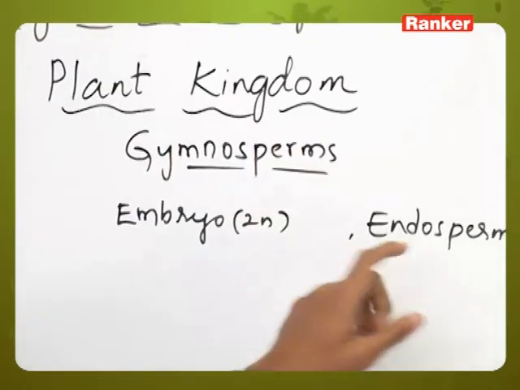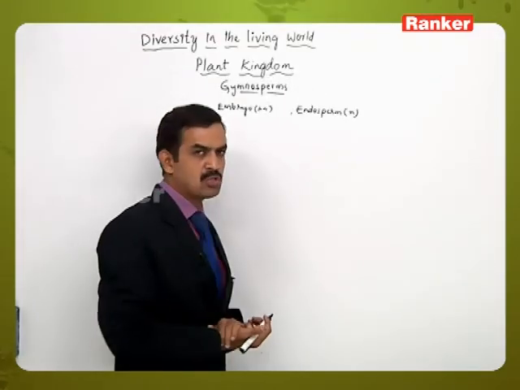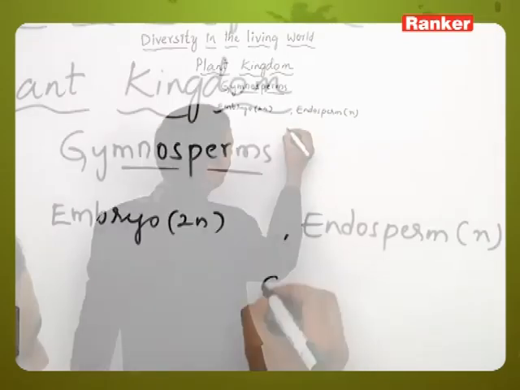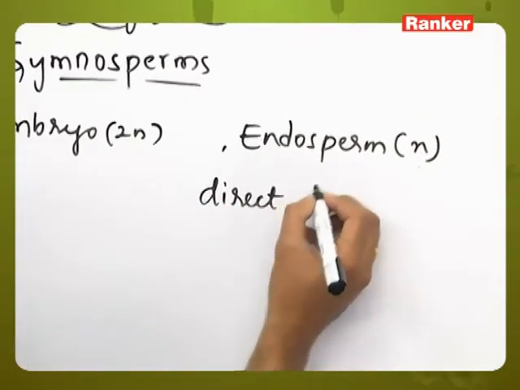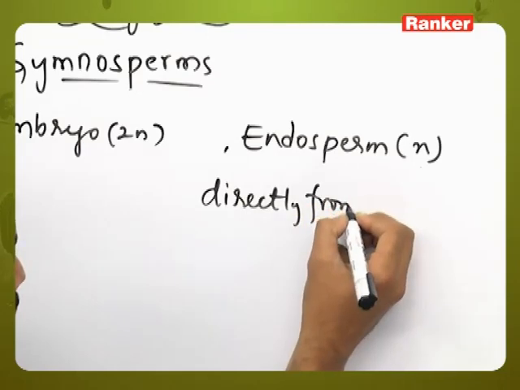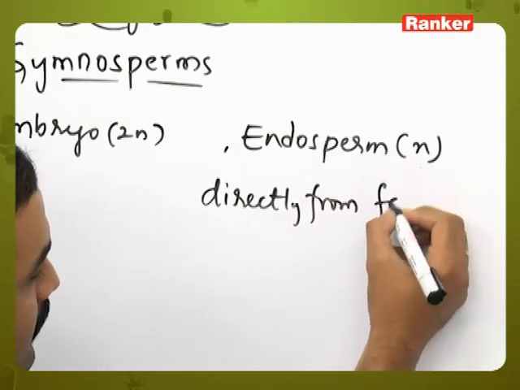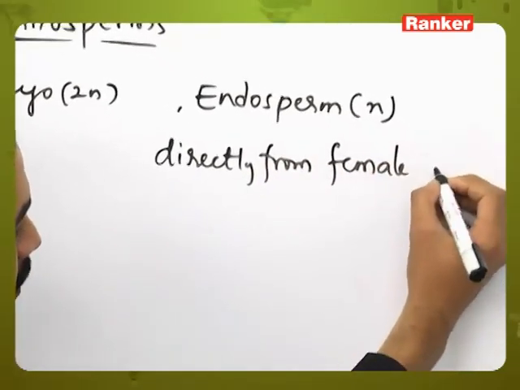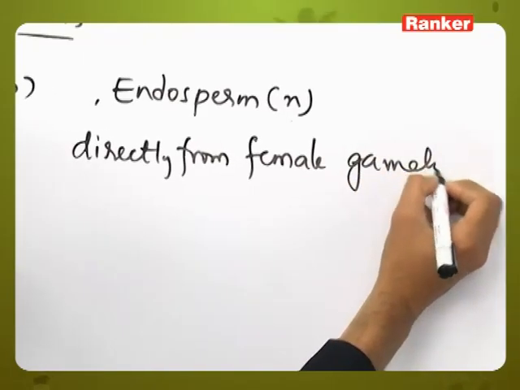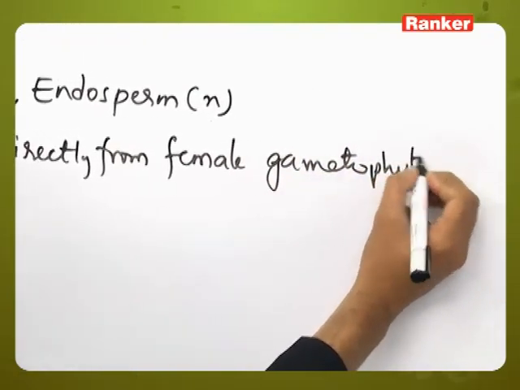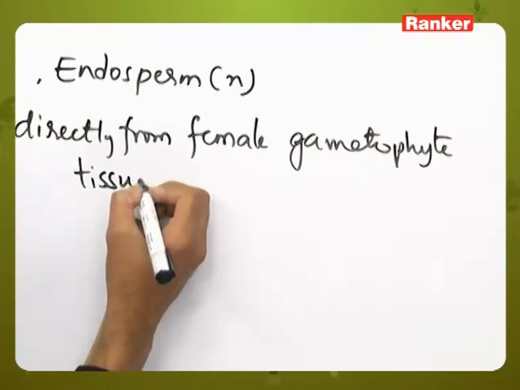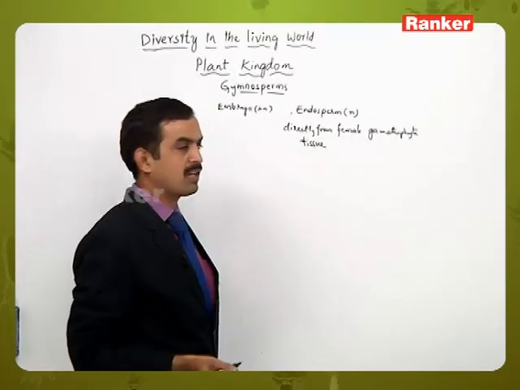But here the endosperm is formed directly from the tissue of the female gametophyte. It is directly formed from the female gametophyte tissue, and there is no role of a male gametophyte in the formation of endosperm.